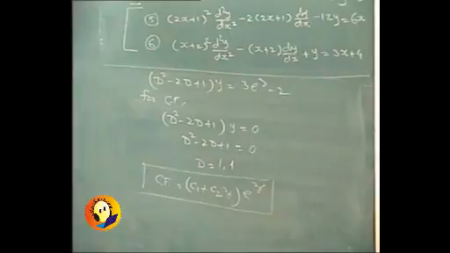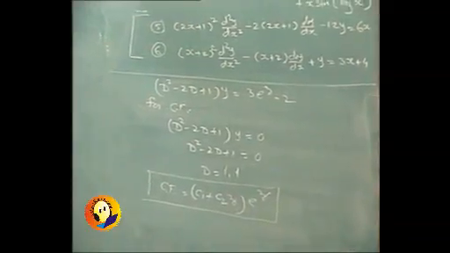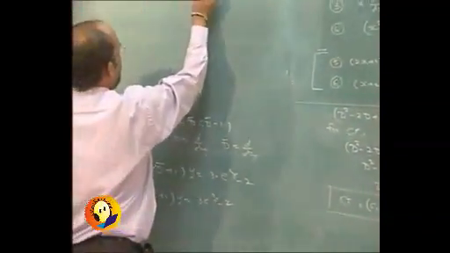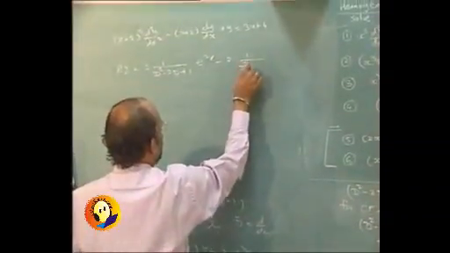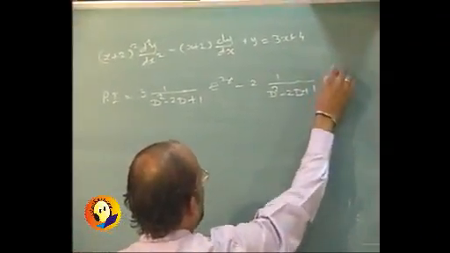For PI, PI will be 1 upon D square minus 2D plus 1 operating on, I will write it separately, 3 e raised to z minus twice 1 upon D square minus 2D plus 1 operating on e raised to 0z.